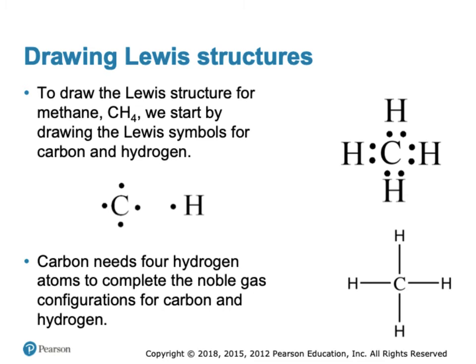All right, so now let's draw a Lewis structure when we have a little bit more of a complicated molecular formula. Here we have CH4. Now, I said to you, the first stage of this process, we need to determine the total number of valence electrons.